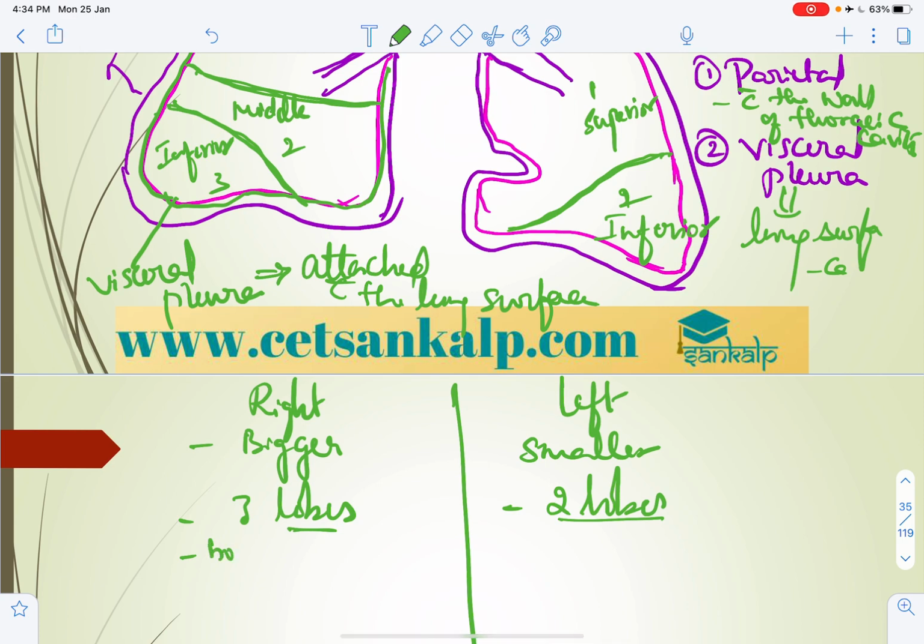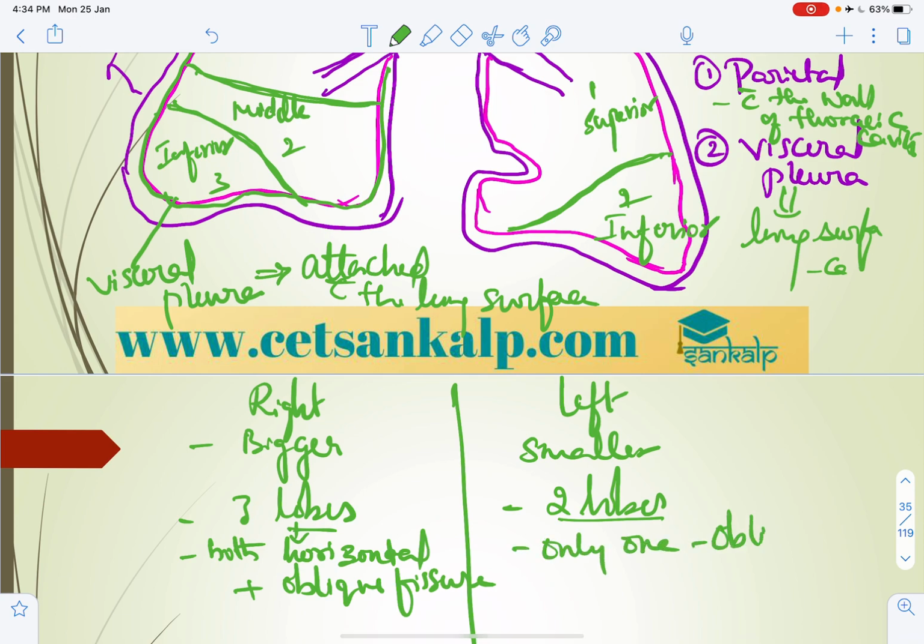Here there are 3 lobes because of both the horizontal and oblique fissures, 2 fissures. Here there is only one, the oblique fissure, which divides the left lung into 2 lobes.